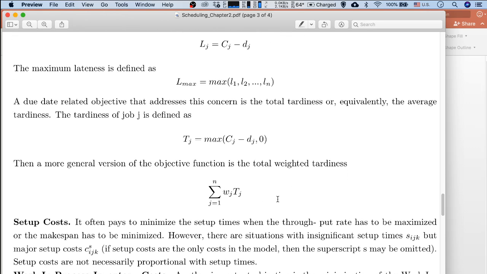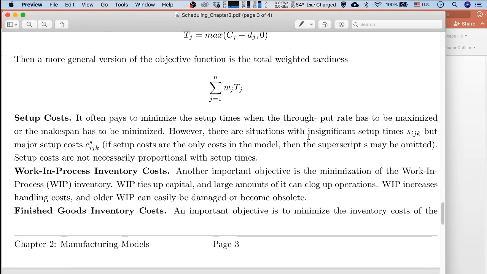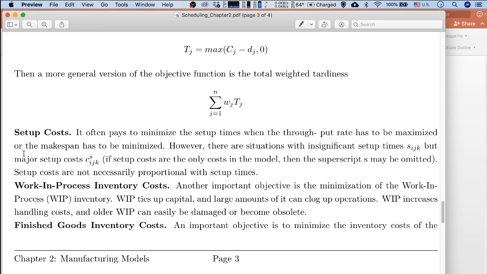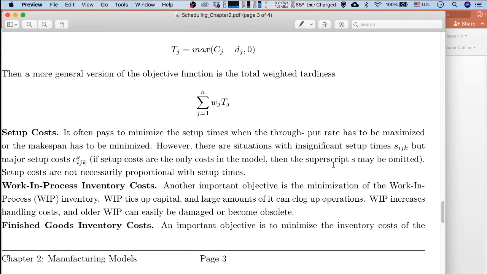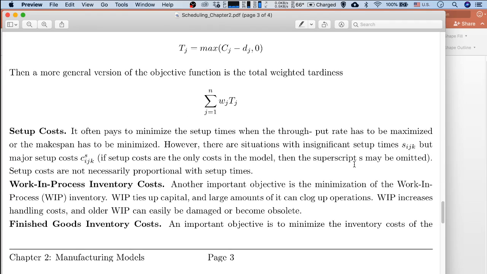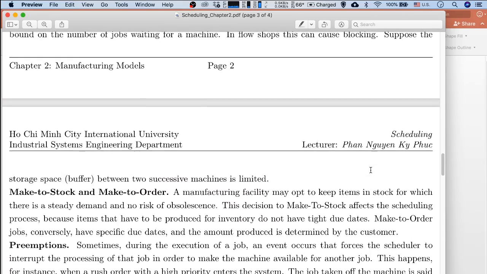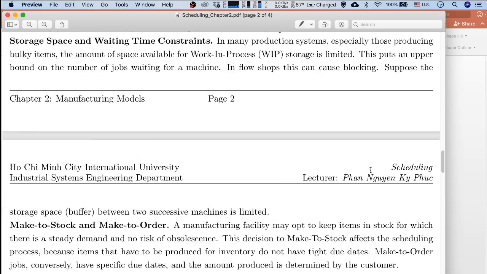And we can also consider the total tardiness, right? Another thing that we consider is also the setup cost, right? The setup cost depends a lot on whether we have setup dependence. As I already said here, we have the sequence dependent setup time and cost.